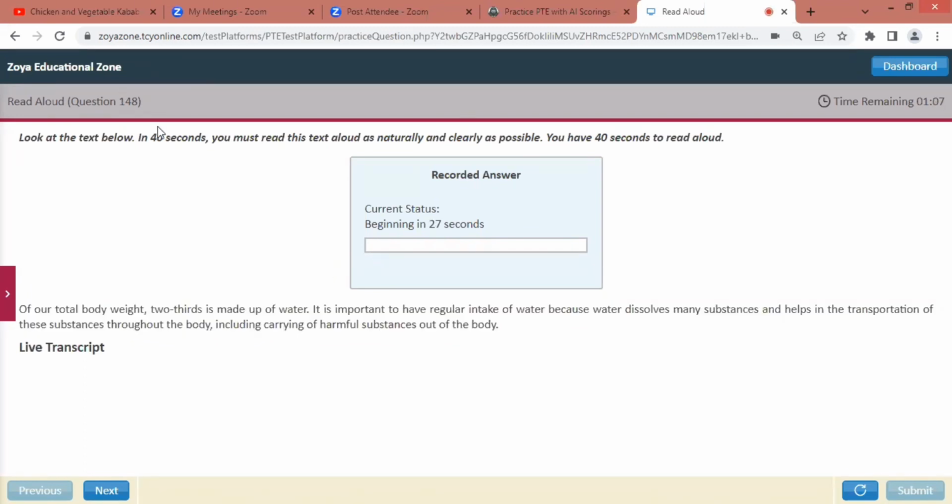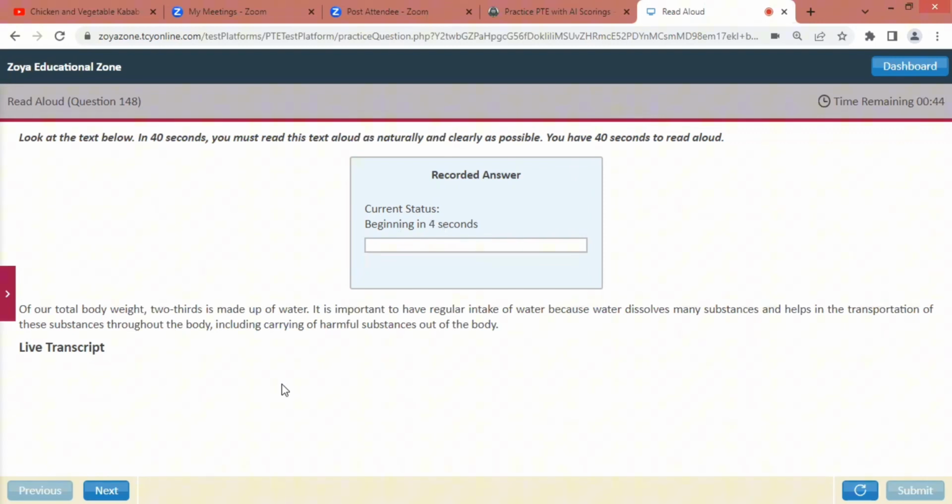Here we have 40 seconds, in which you must read the text aloud as naturally and clearly as possible. So 40 seconds to read aloud. Time is passing, 10, 9, 8, 7, 6, 5. Then there will be a beep.